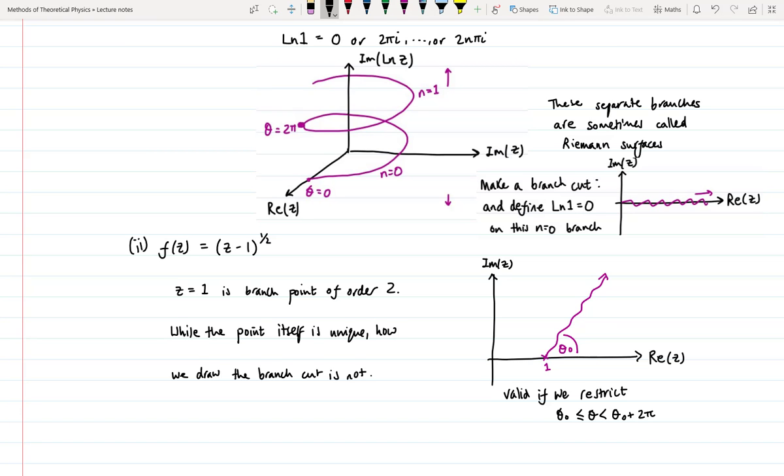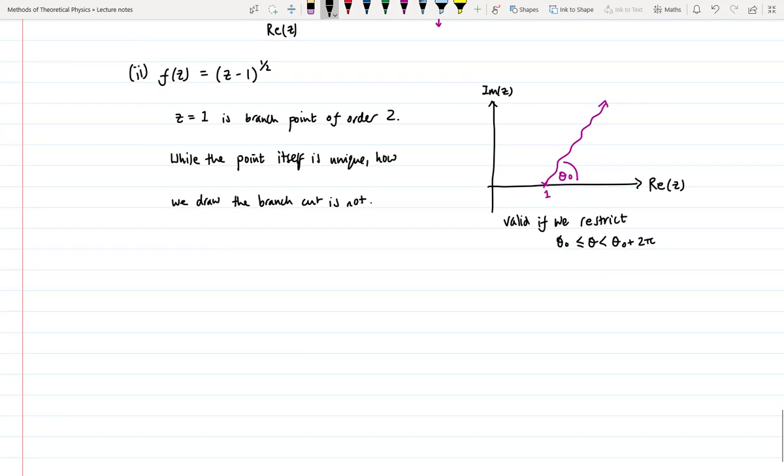As a final example, let's consider evaluating 1 to the power of i. There are a couple of ways of doing this. First of all, we might consider rewriting the number 1 as e to the 2 pi i.